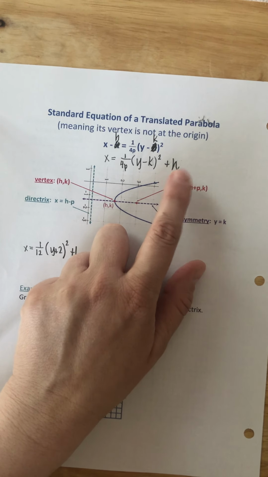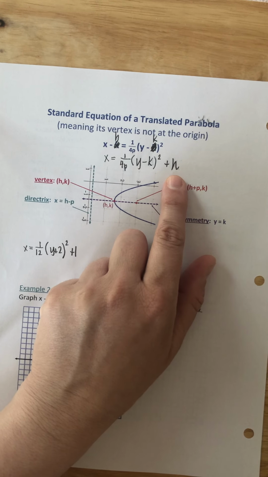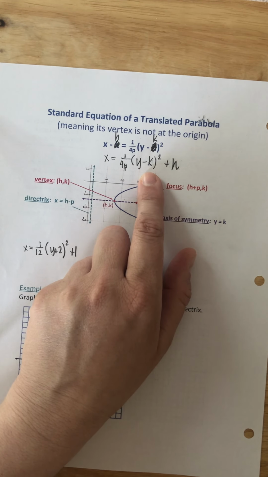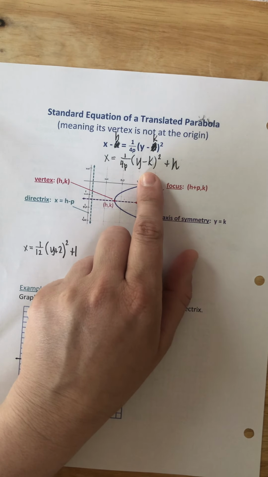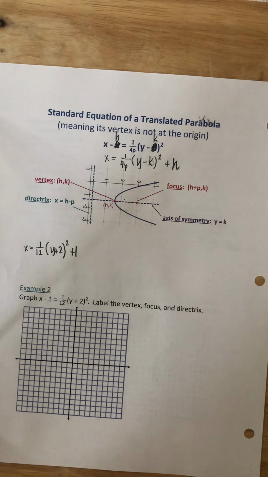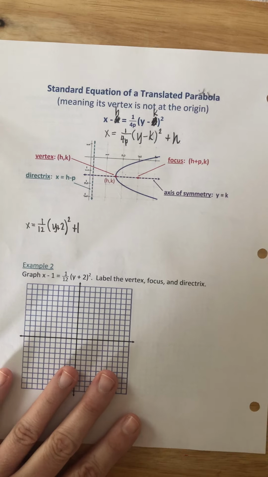The h is going to be exactly what you see. Remember, the h is a vertical change, and vertical changes are exactly what they see. This time, however, because the k is inside of the parentheses, that makes that a horizontal change. So the k is going to be the opposite of what we see. So you want to make sure you're paying attention to that. It does change that a little bit.